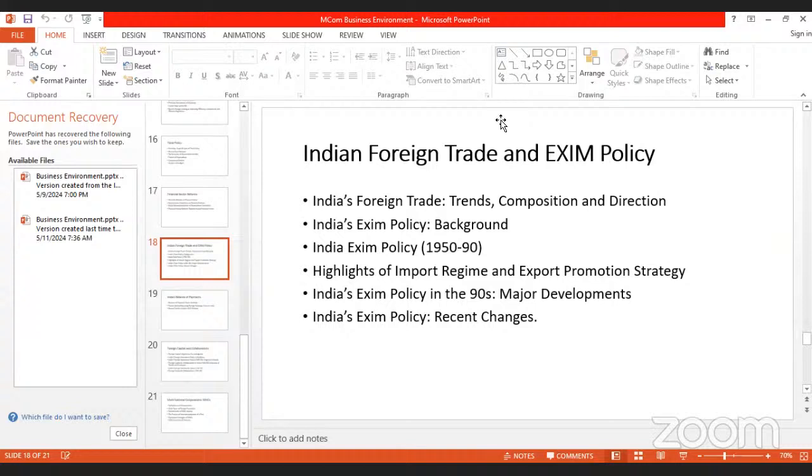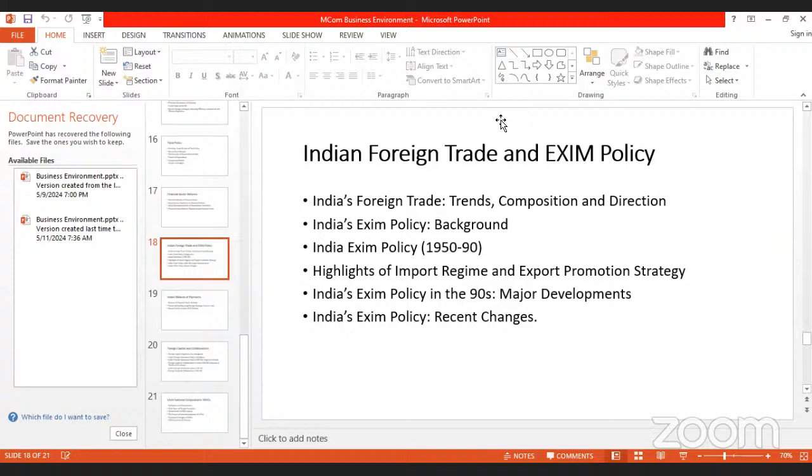Initially, post independence, India's foreign trade was characterized by a reliance on primary products and a significant import of manufactured goods. Also, over the years, there has been a structural shift with a rise in the export of manufactured goods, services, and information technology.